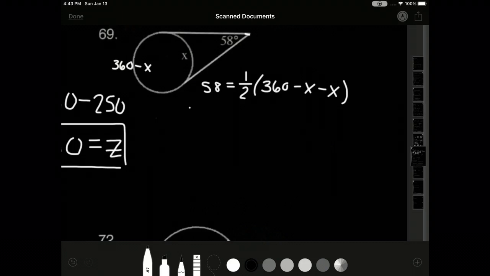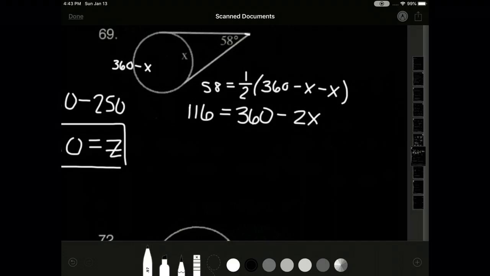my pen's not working right now. 116 equals 360 minus 2x. Okay, and then we can go ahead and subtract our 360.